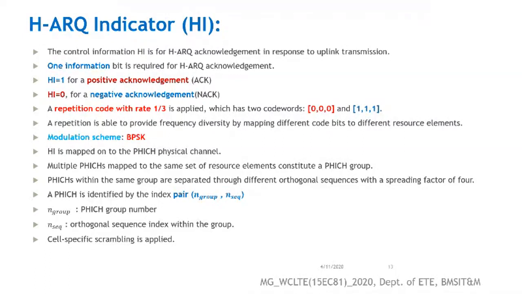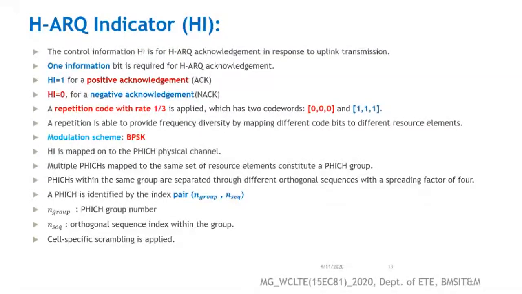Hybrid ARQ acknowledgement in response to uplink transmission. It requires only one information bit for the hybrid ARQ acknowledgement. So the value of HI will be equal to 1 for positive acknowledgement, and HI will be equal to 0 for negative acknowledgement.